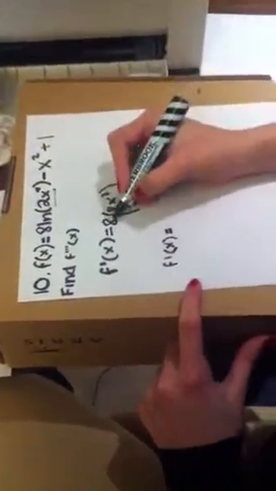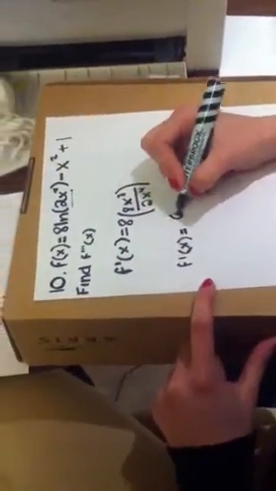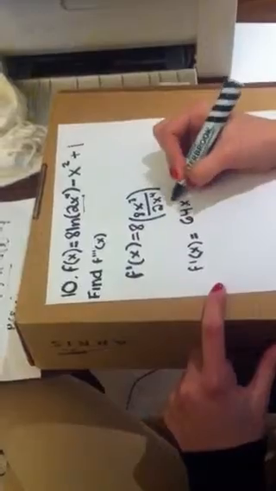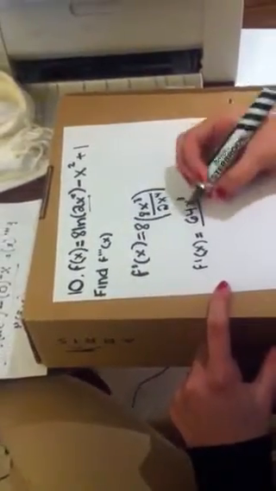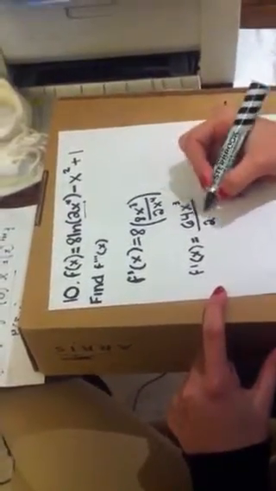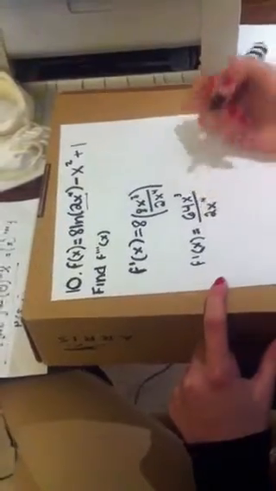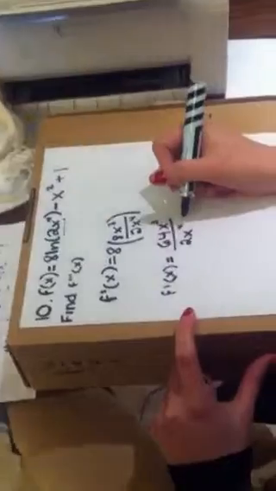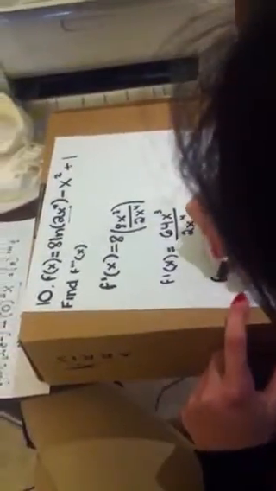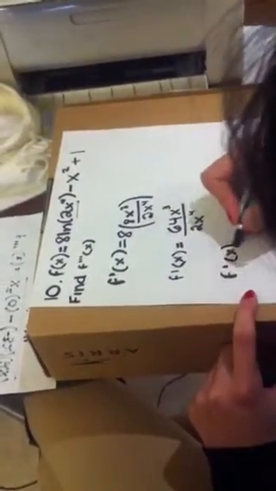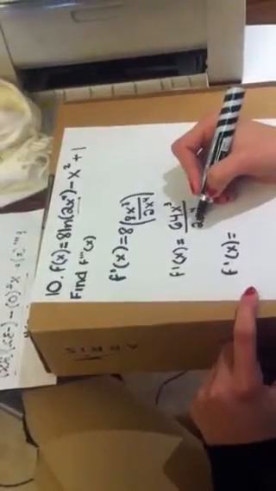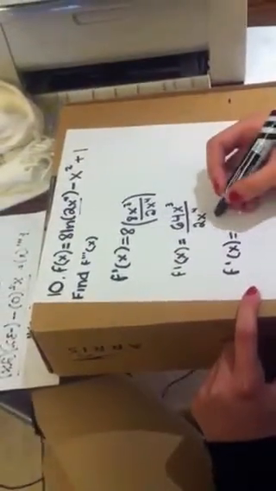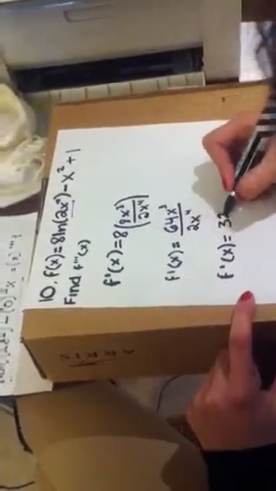We multiply 8 times 8, 64, x cubed, divided by 2x to the 4. In here we can simplify even more. 64 divided by 2 is 32.